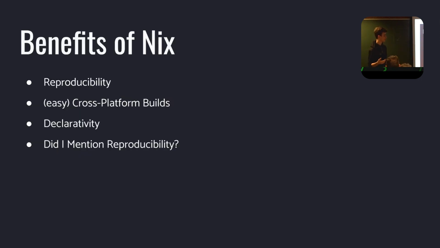Benefit of Nix, of course, reproducibility. With most of Nix, when you build something and you build it again, you will have the same output, unless it's impure or whatever. You can make very easy cross-platform builds. Before I worked somewhere else and we dealt with Fortran on a supercomputer, as in a cluster of different systems.